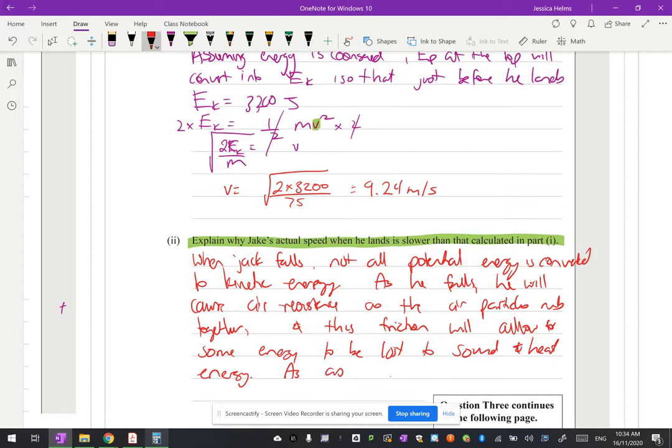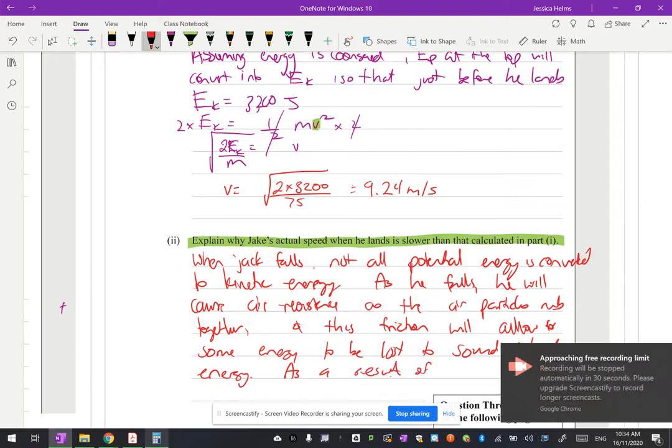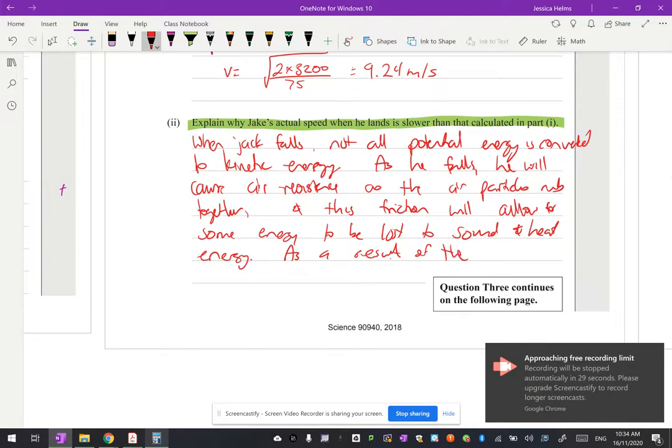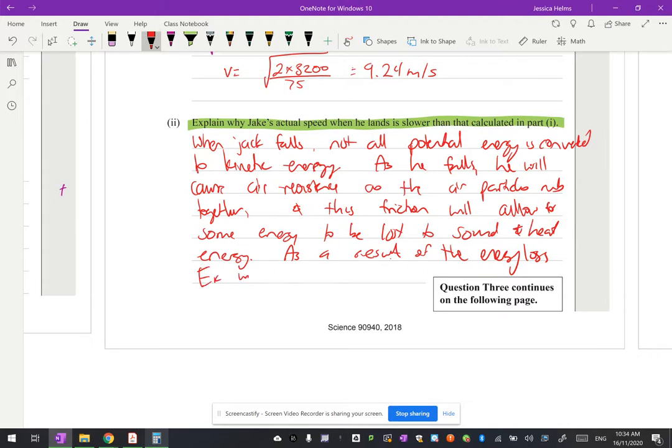As a result of the energy loss, EK will be lower and therefore velocity will be lower.